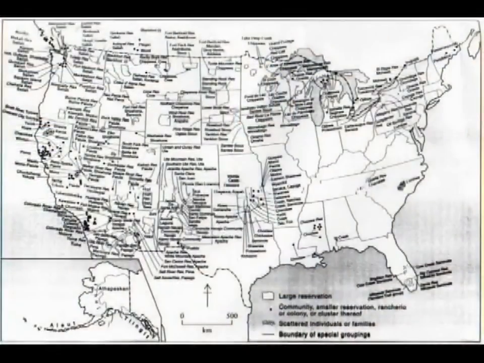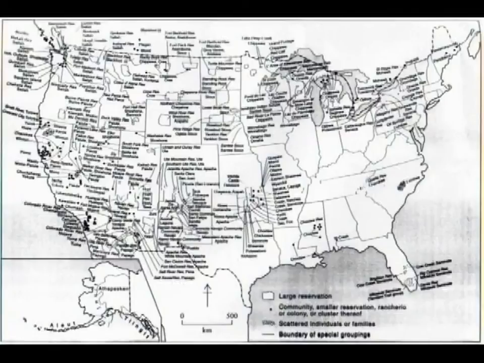Now, if you looked at the map of the United States and looked at where Native American tribes are located, you would find large numbers of them in the Southwest, okay, large numbers throughout all regions of the Northeast and the Midwest, and hardly any in the southeastern states.